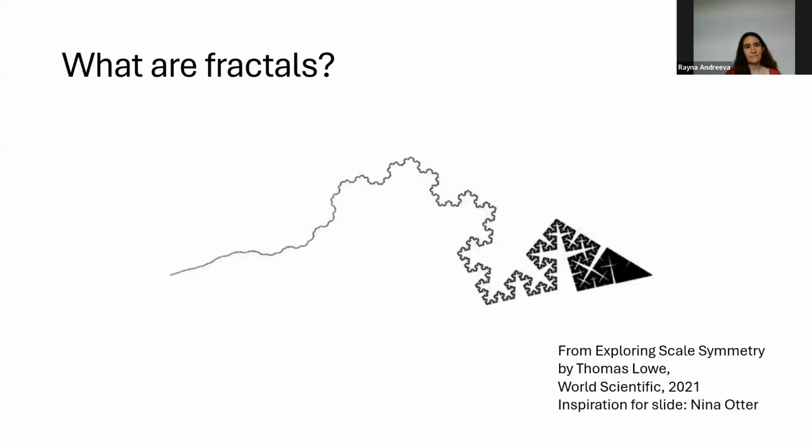So I would assume that not all of you are familiar with fractals. So let's try to simply explain what fractals are. One possible interpretation of fractals is in terms of how much space an object takes in space.